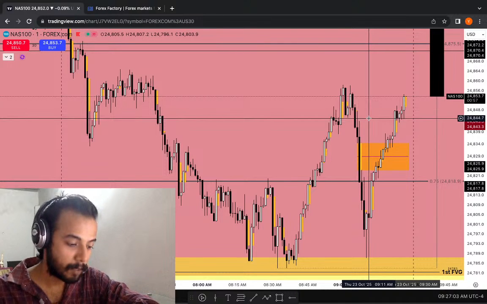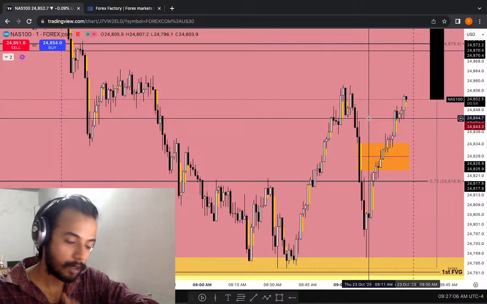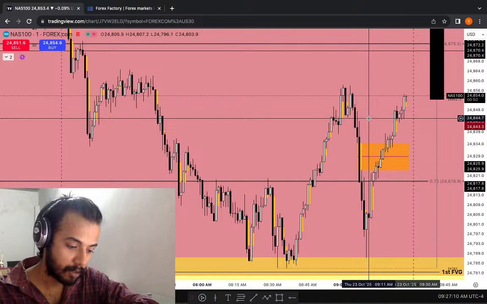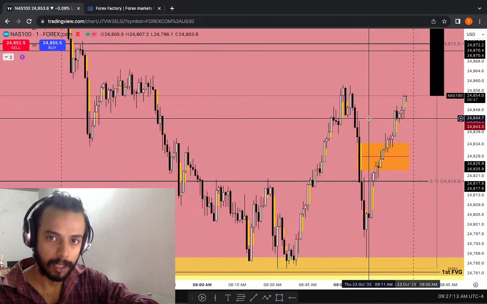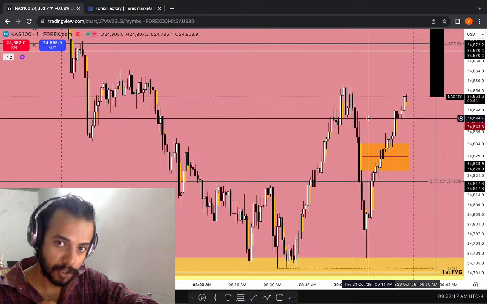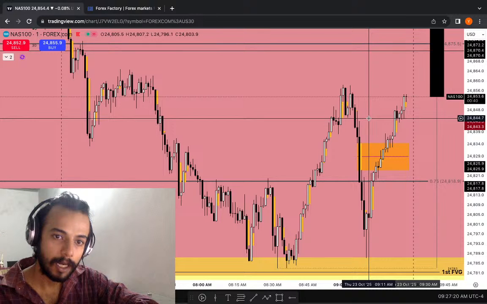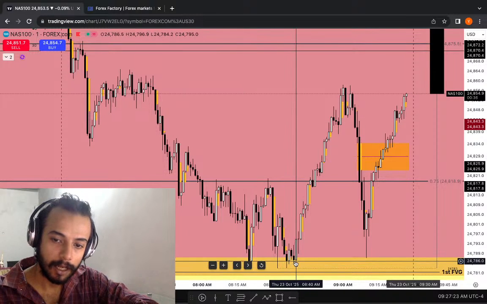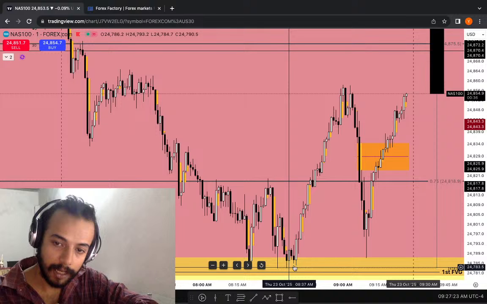And rule number two, I'm looking for liquidity purge and reward on a 15-minute, hourly, daily, weekly, and monthly. I'm looking for liquidity to get purged and reward. Like market went down, it took the liquidity, and then it rewards from there.